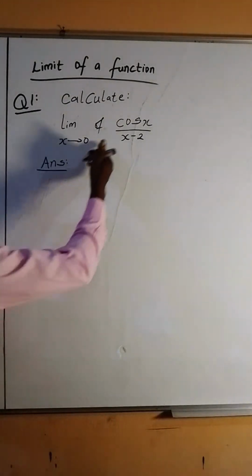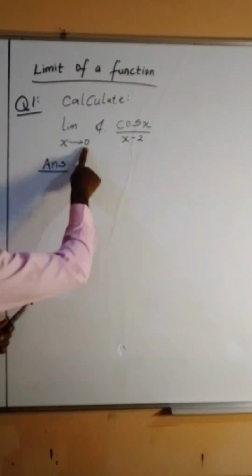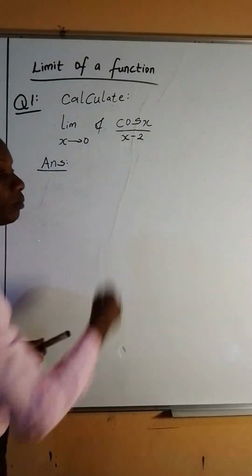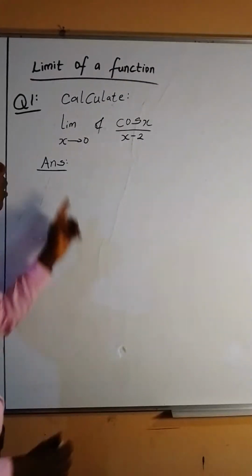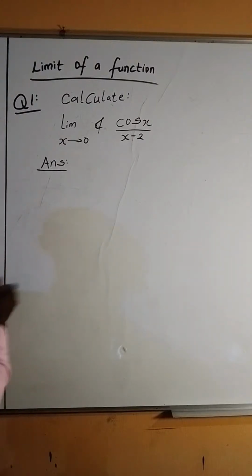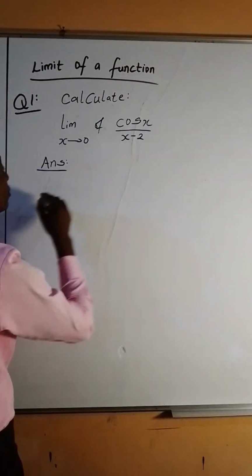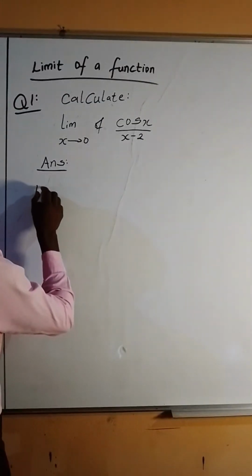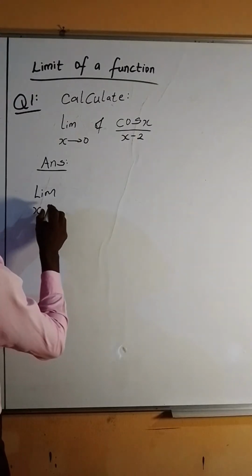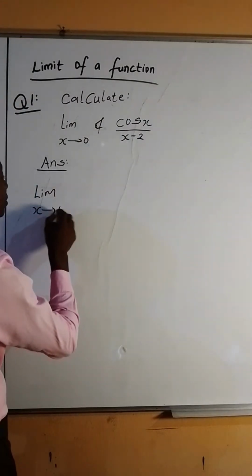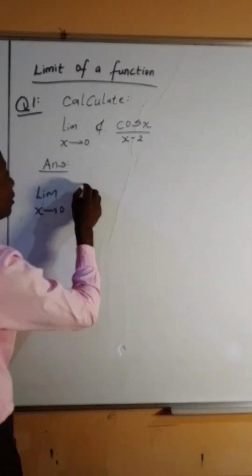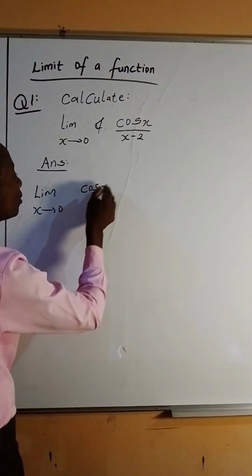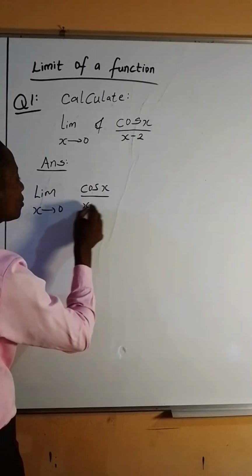So what we are simply going to do is to use this x, replace it here, substitute for x here, then we get the value for the expression. So we are going to write the limiting function, the lim, of x of this expression, cos x over x minus 2.